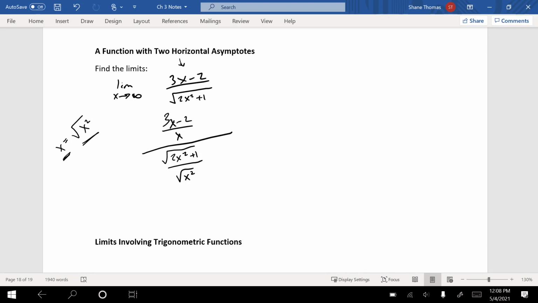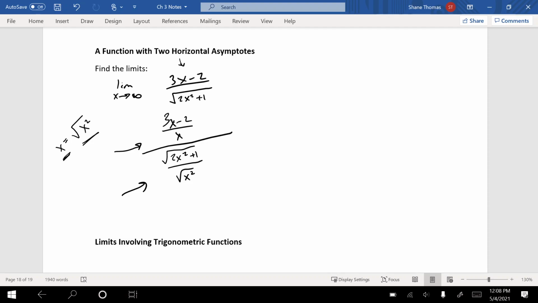So now on the bottom I have a root over a root, and I can make that into a giant square root. That's why I brought in the root of x squared instead of just x. I still divided top and bottom by exactly the same thing. Okay? Is that all right? I just made the one on the bottom a different form, so now I can bring it into the root.